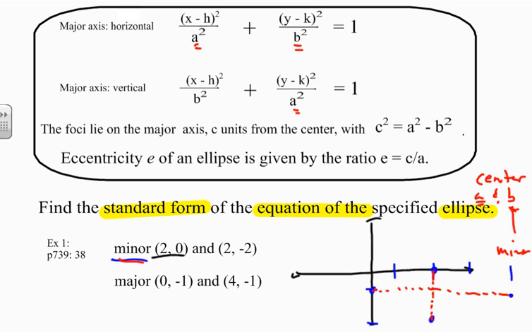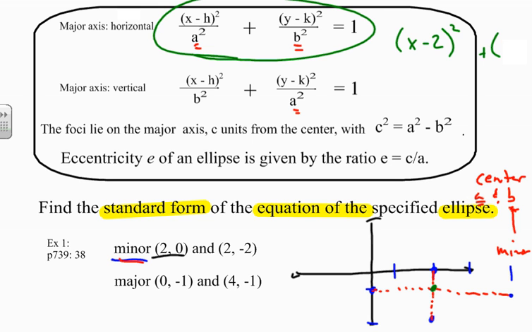Now from here, we're going to figure out the center. The center is the midpoint between the vertices on the minor axis and the vertices on the major axis. Where they intersect, this point is known as the center. If we take the midpoint of these two points, we realize there's going to be an x value of 2. So using the standard equation, we're going to have x minus 2, because it's moving 2 to the right, squared.